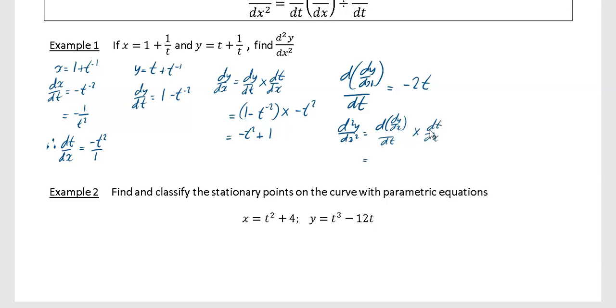In this case, that's going to be minus 2t times my dt by dx, which I've written over here as minus t squared over 1. Just think of it as minus t squared. So times minus t squared, which is just going to be 2t cubed, and that's it done.